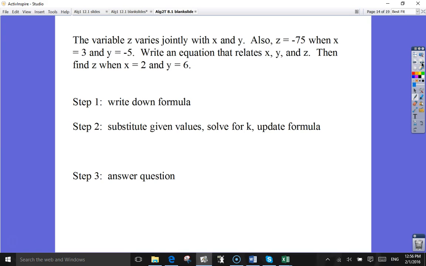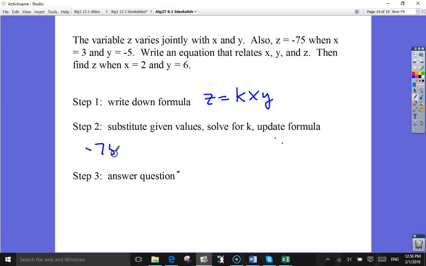So now we can do the same kind of problem, except now the variation could be varies jointly. And I think I had a mistake on one of the ones that comes after. I've got to fix that. Okay, so Z varies jointly with X and Y. Z equals K, X, Y. Z equals negative 75 when X is 3 and Y is negative 5.